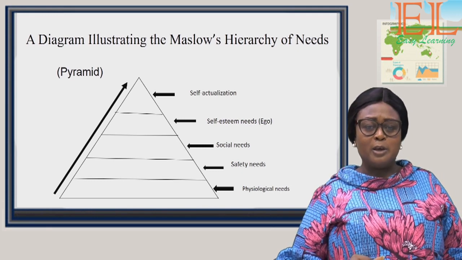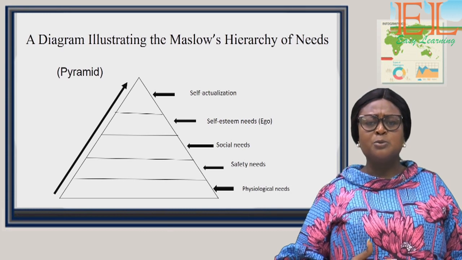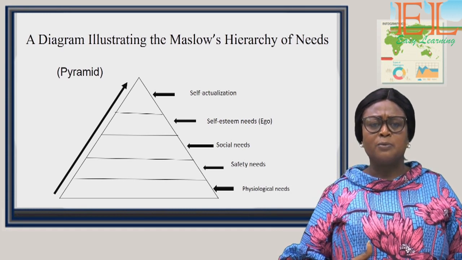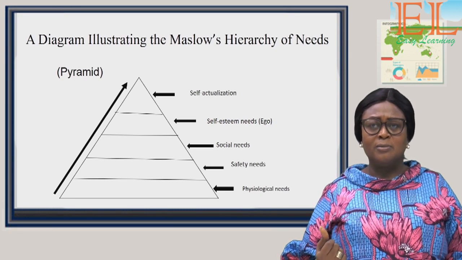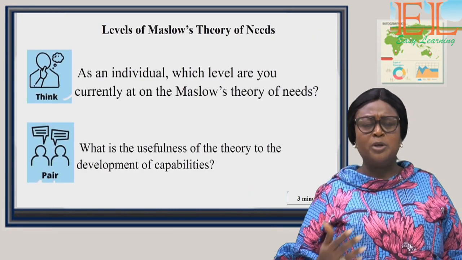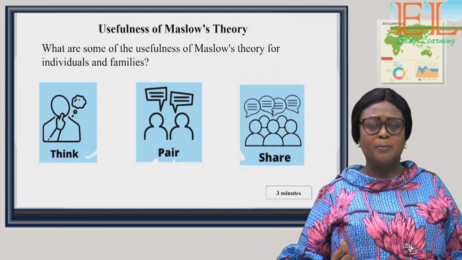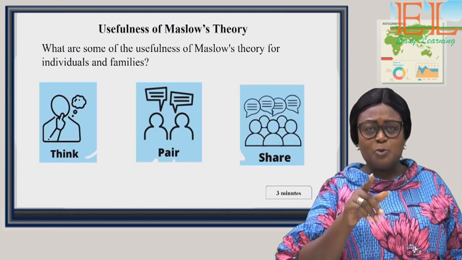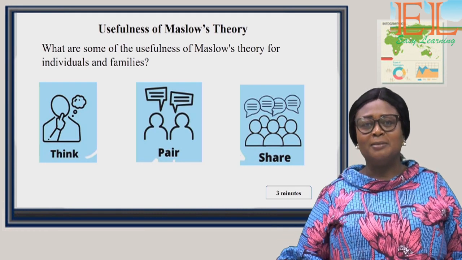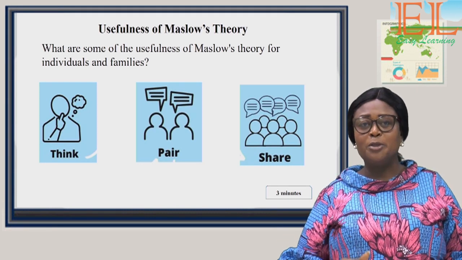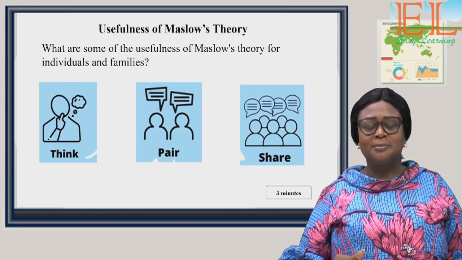Good. Now that you have seen the diagram, let us proceed and ask ourselves, why are we learning all these? Of what use is this theory to our lives? And at which level do you find yourself on the ladder or on the pyramid? Very well.